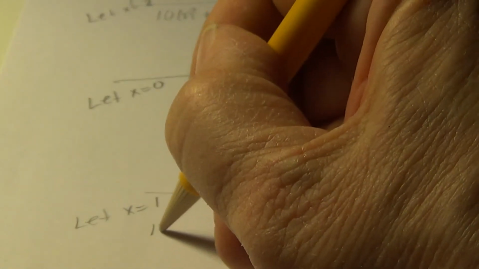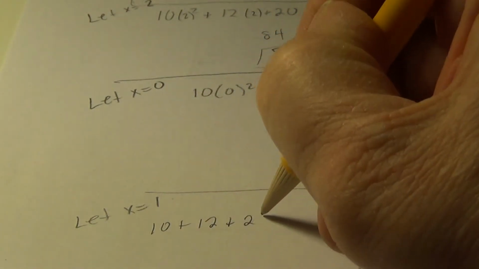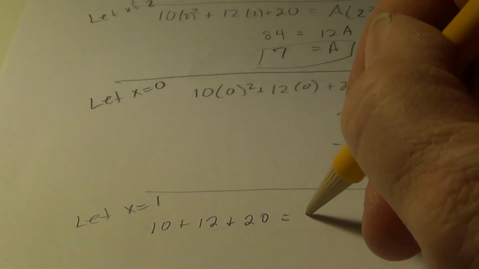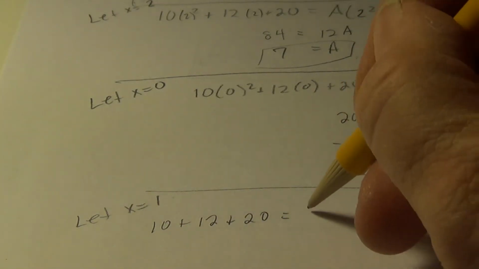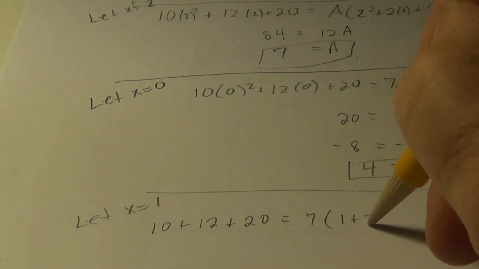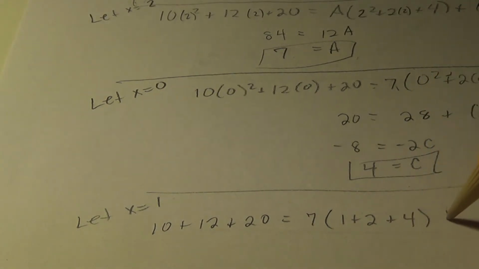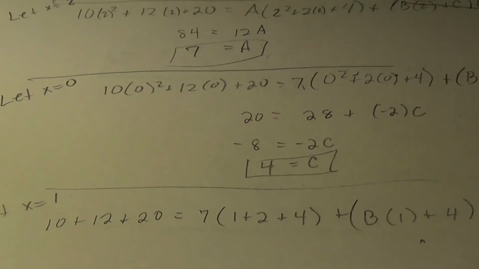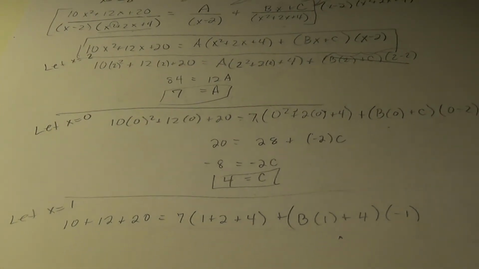On the left it's 10 plus 12 plus 20, letting x equal 1, equals a, which was 7, times x squared, so 1 plus 2 plus 4, plus b, which I'm looking for, with a 1 by the x, plus c, which is 4, times x minus 2, so 1 minus 2 or minus 1.